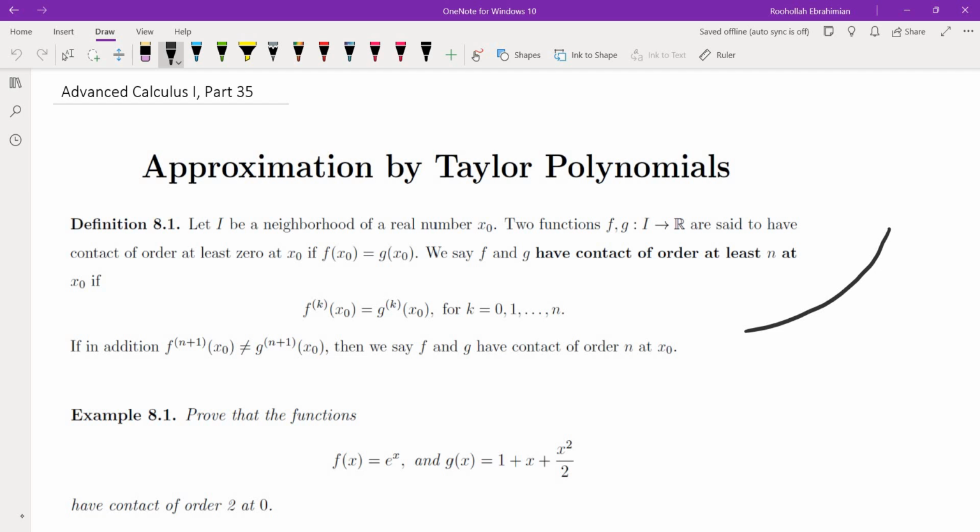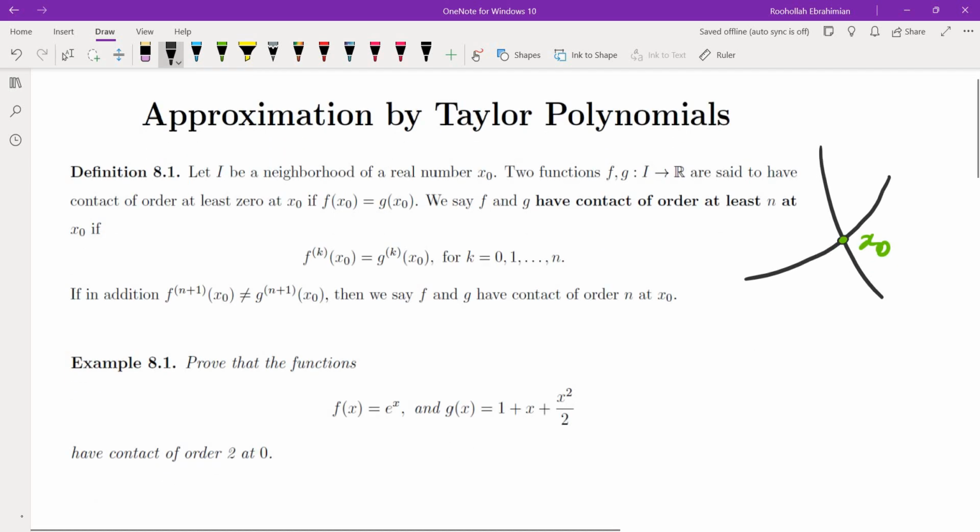If you have two functions, they could intersect at a point, and that clearly means they would be close to each other at that point. However, if they cross like this, they're only close at that specific point, and then immediately they go in different directions, which means they get far from each other.